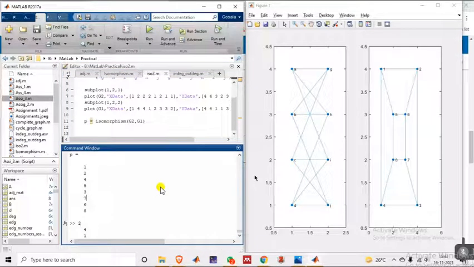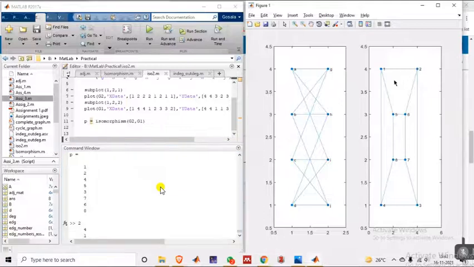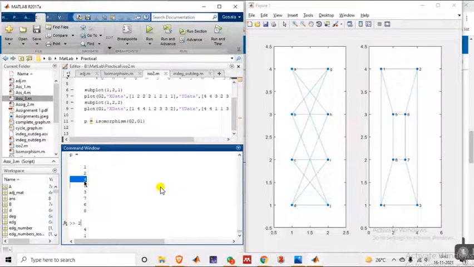So it is saying that A is isomorphic to 1, and B is isomorphic to 2, and C is isomorphic to 4.